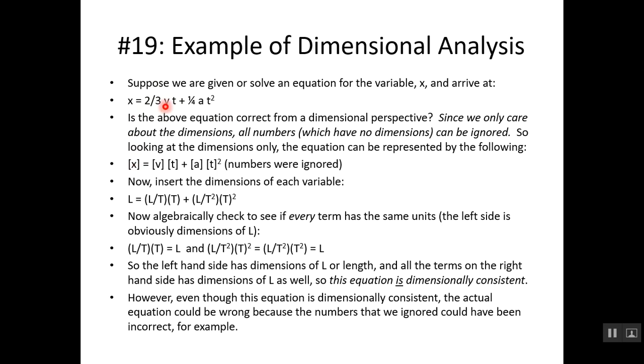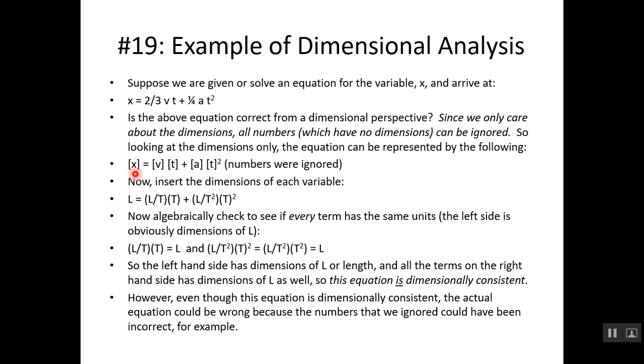Then we see what the dimensions of v times t are, because the first expression here is v times t if you ignore the 2/3. Then you have another expression here, 1/4 a t squared, but you ignore the 1/4, so it's basically a times t squared. So then you want to check the dimensions of a times t squared and see what they give you.